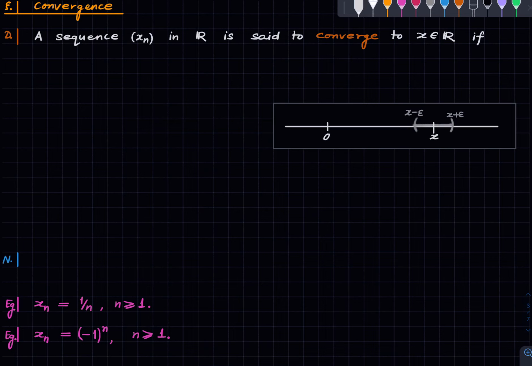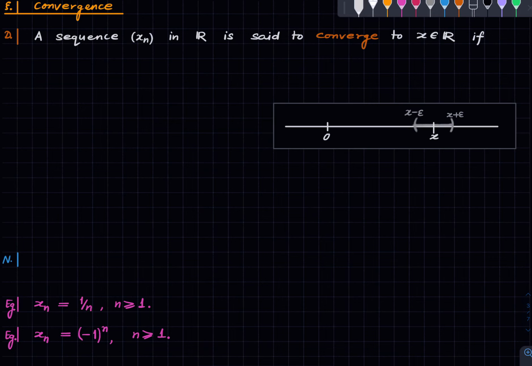You choose an epsilon, you will get this room, and saying this happens is the same as saying that xn is inside this interval, right? The distance between x and xn is less than epsilon, means xn is lying inside this open interval.